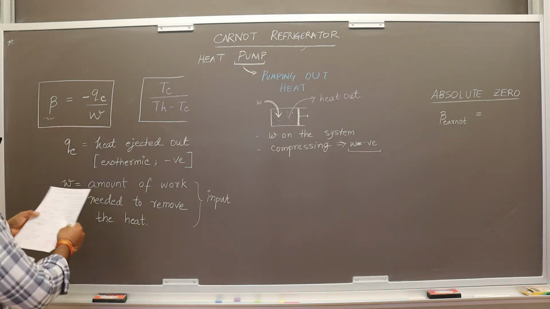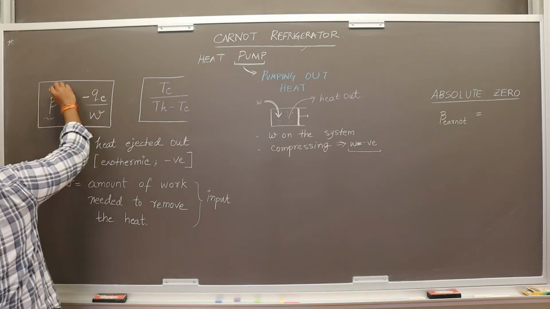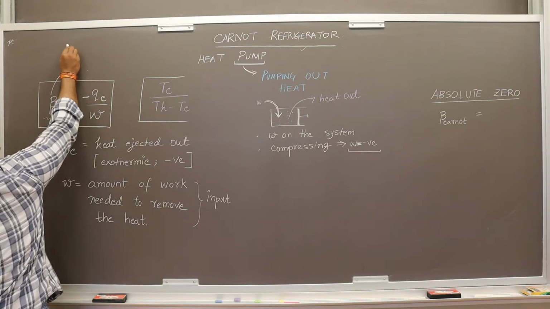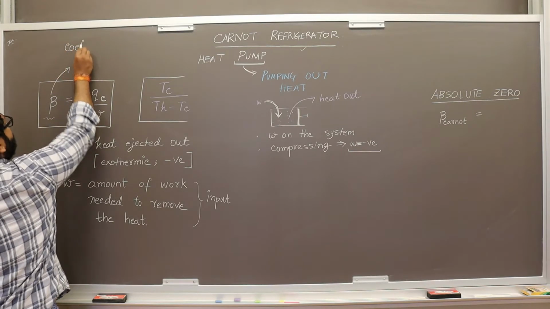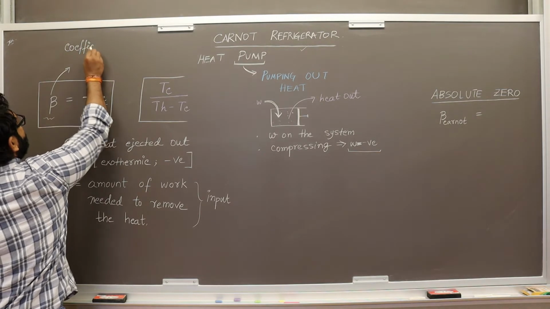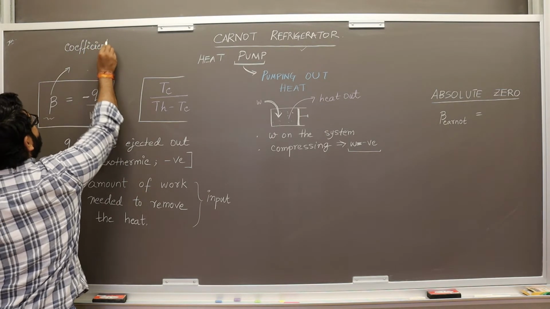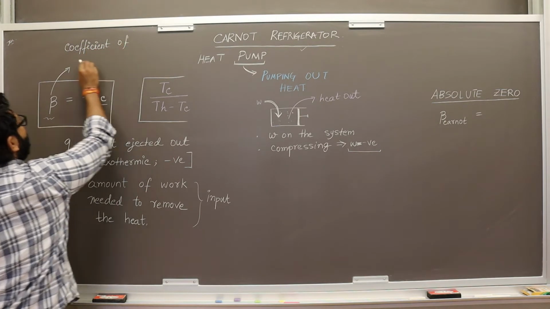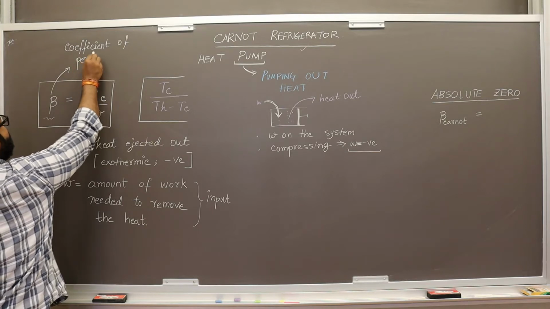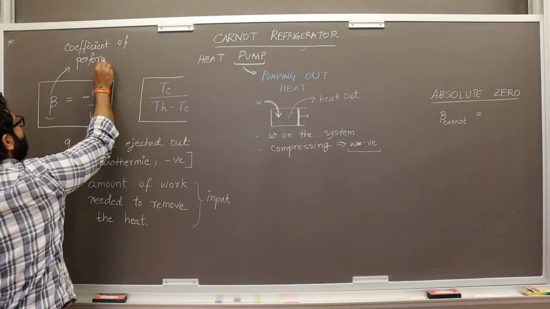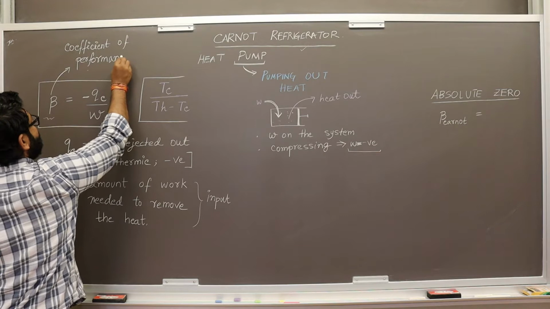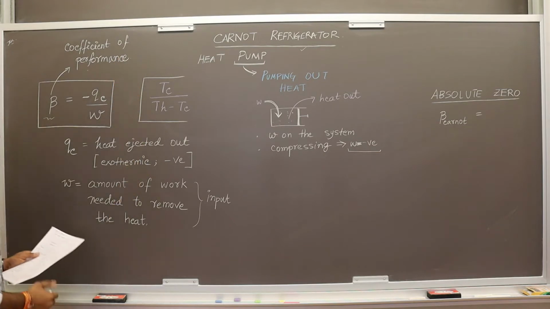This is called the coefficient of performance. So beta is called the coefficient of performance.